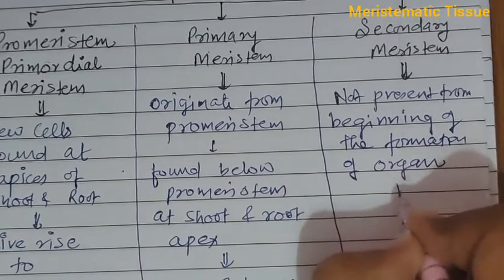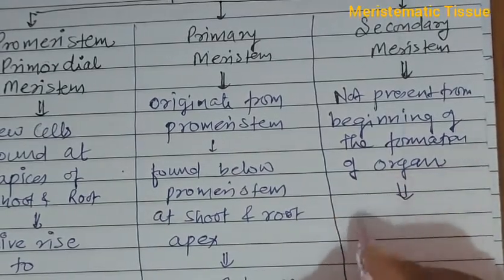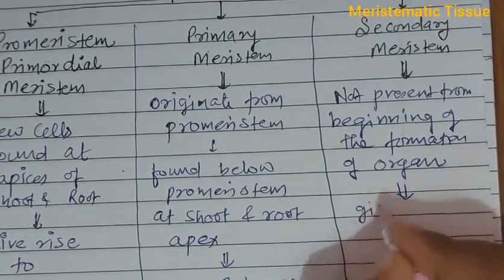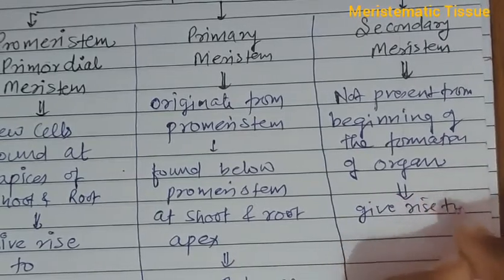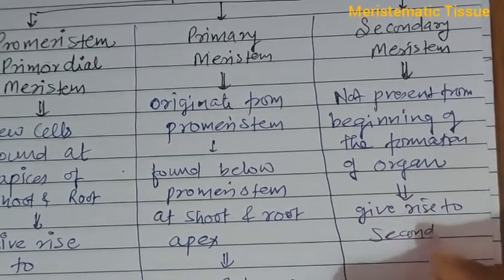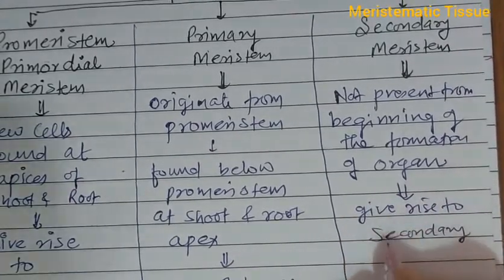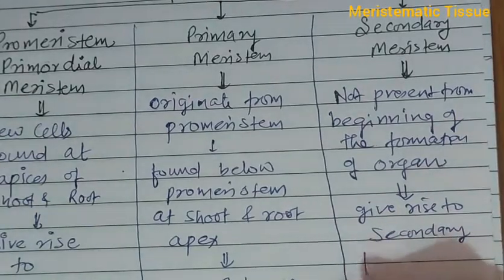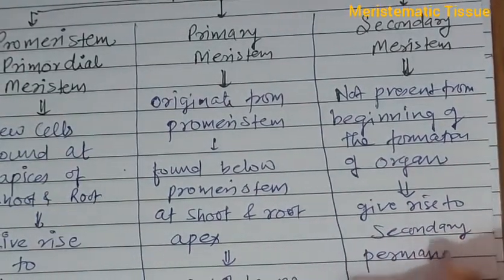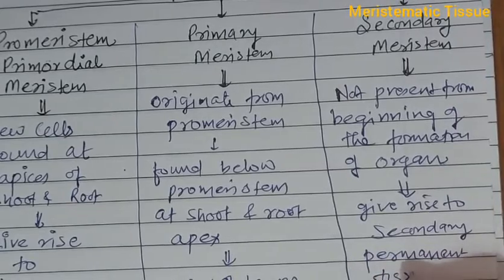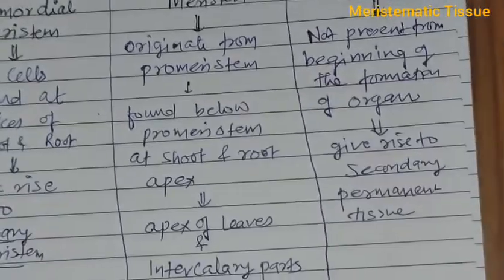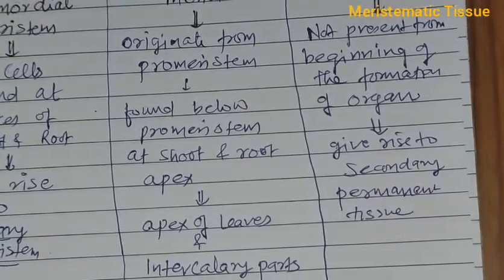They develop in a later stage, but they give rise to secondary permanent tissue. They give rise to secondary permanent tissue.